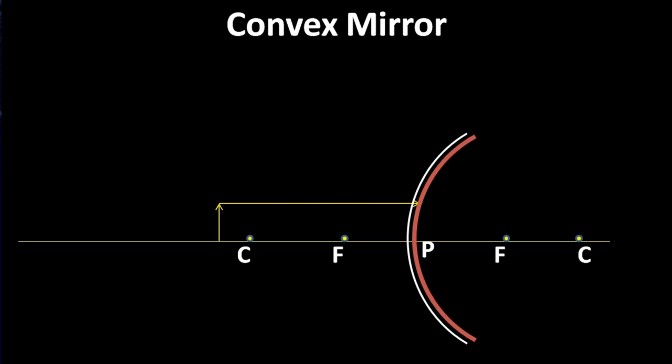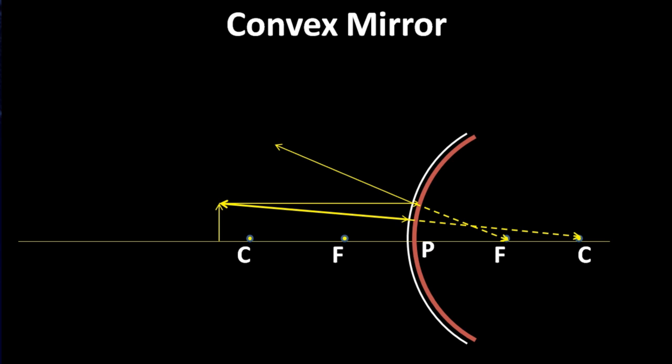A ray of light coming parallel to the principal axis diverges and appears to come through the focus. A ray of light that passes through, or appears to pass through, the center of curvature retraces its path and appears to come through the center of curvature.